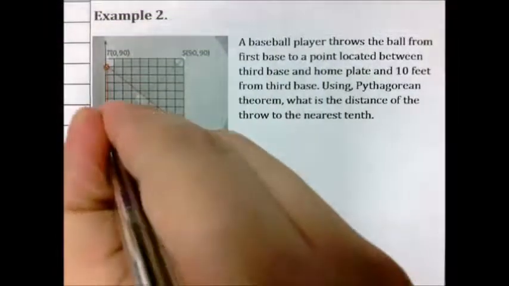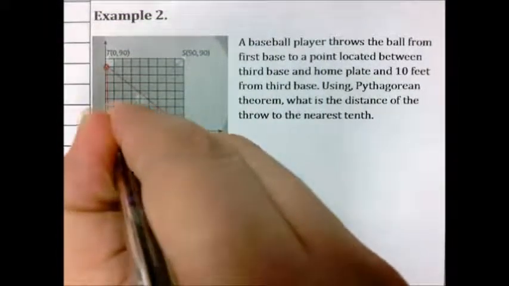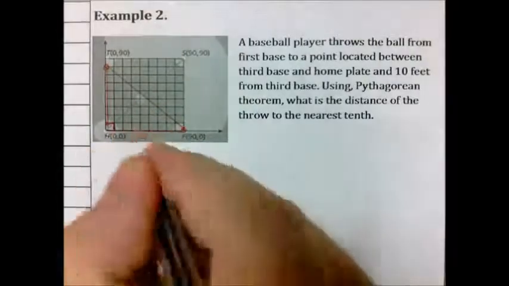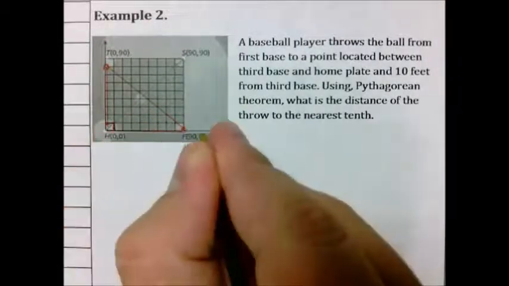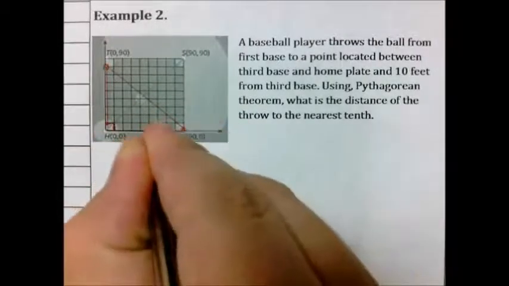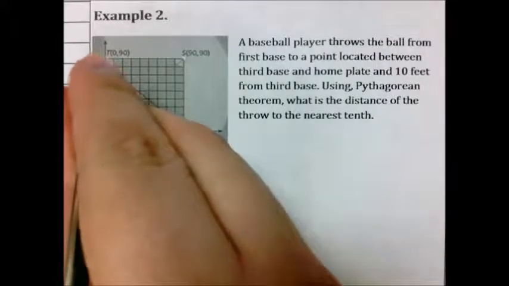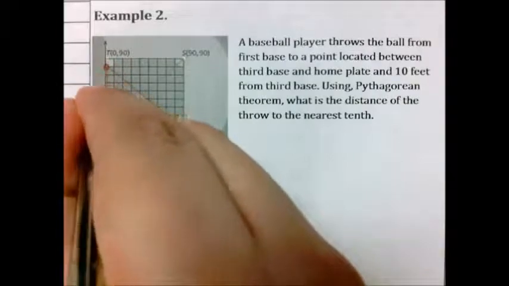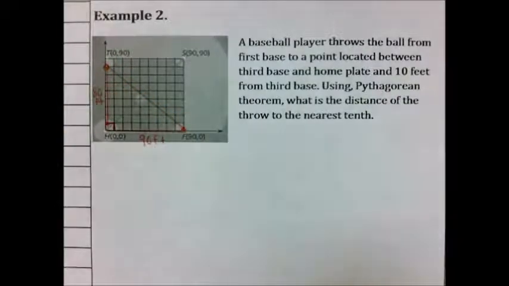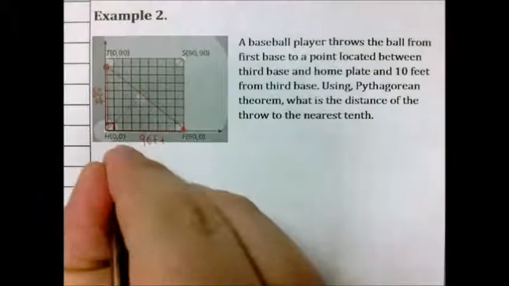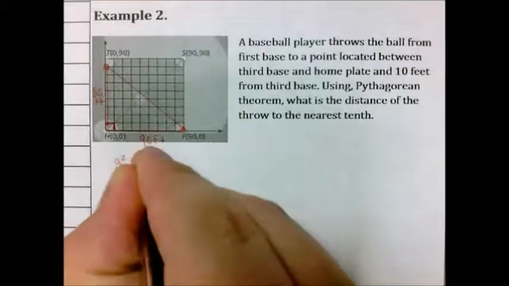And we know that here is the right angle right here. And this distance right through here is from 0 to 90, so this is 90 feet. And this distance all the way up here, remember this is just 10 feet, so this has to be 80 feet, right?